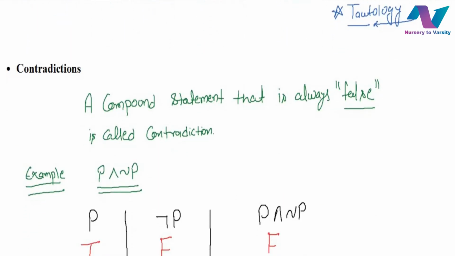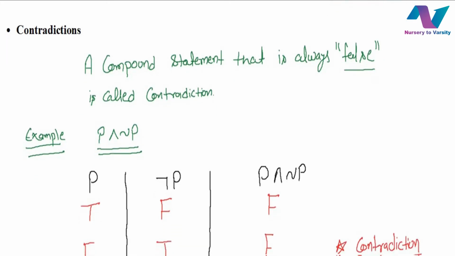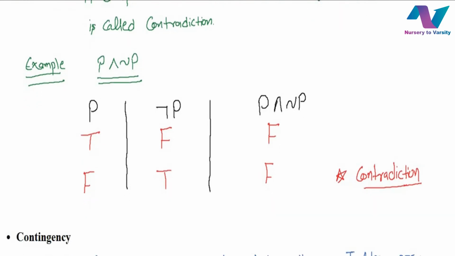Now we are moving toward contradiction. A compound statement that is always false is called a contradiction, and its truth table contains only the false value, capital F. To solve this, we have the compound statement P and negation of P, and we solve it with the truth table.